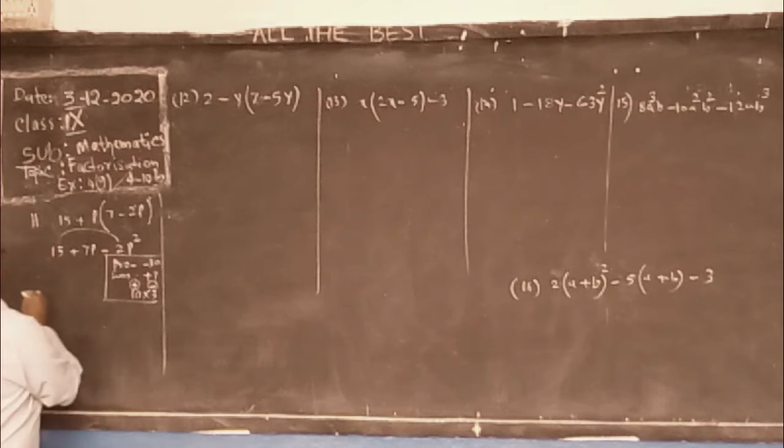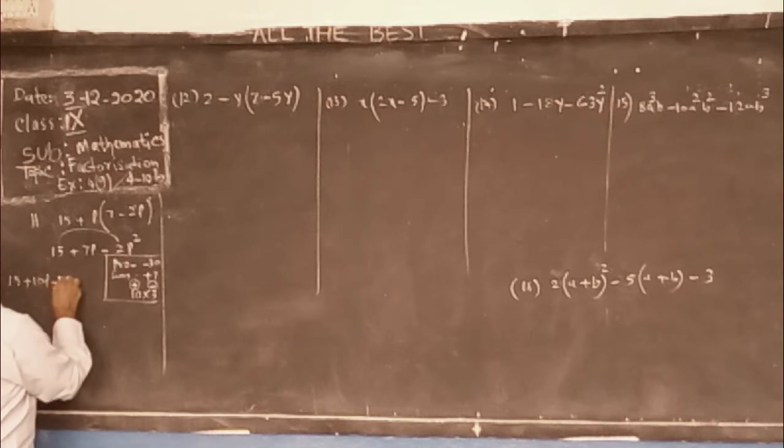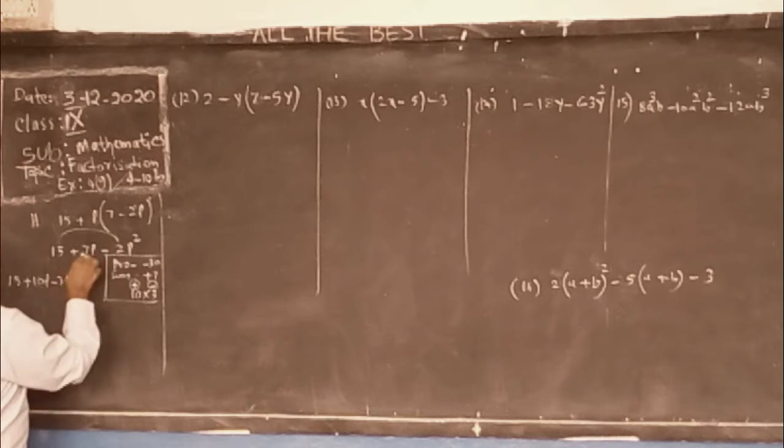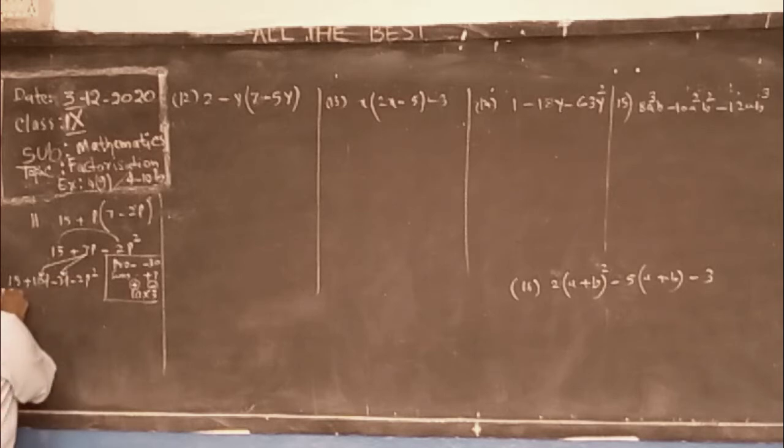Now split it: 15 plus 10p minus 3p minus 2p squared. Now 7p is written like this, splitting into two terms. Now take 5p common here: 5p into 3 plus 2p.